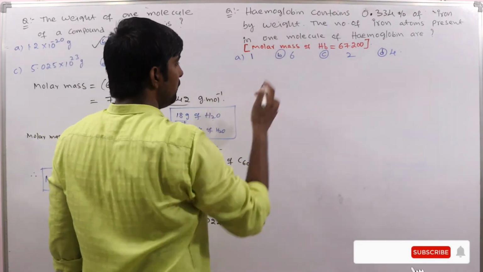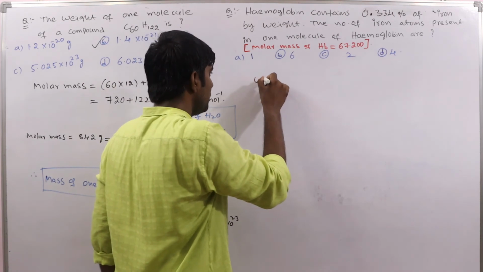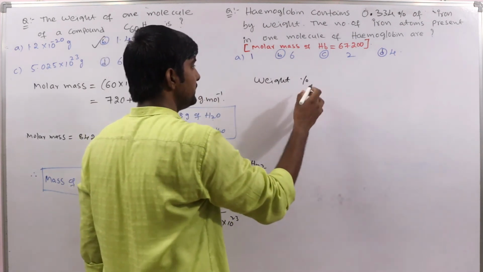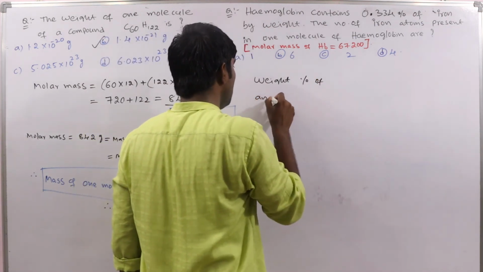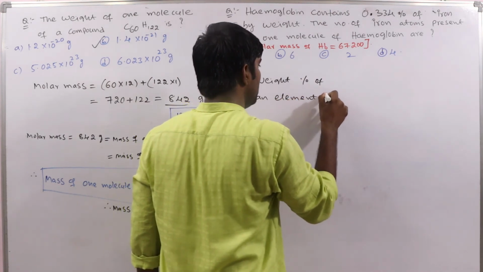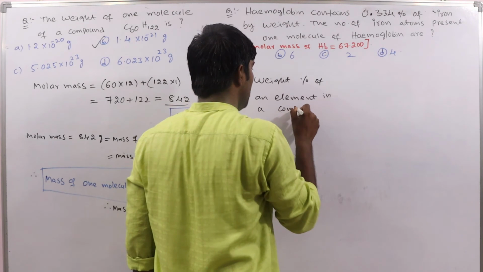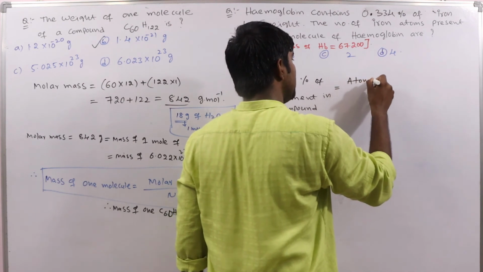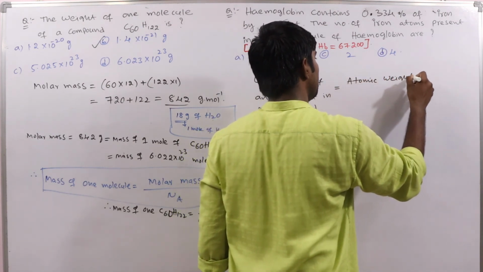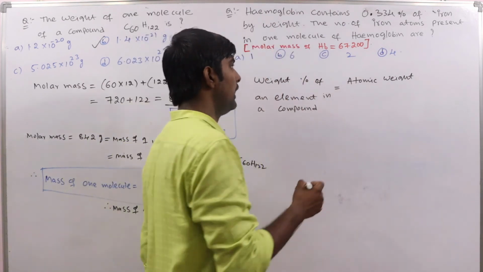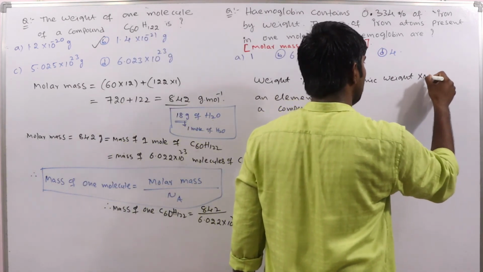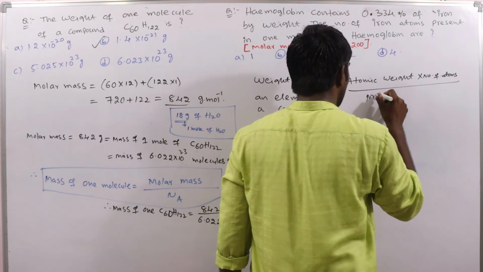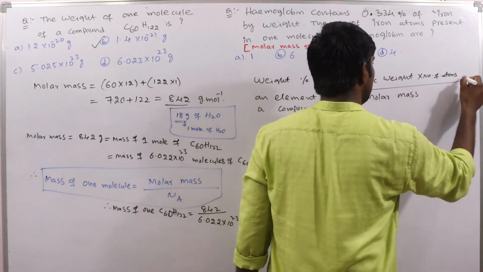See here, what is the formula? Weight percent or mass percent of an element in a compound or molecule is equal to the atomic weight of that atom into the number of atoms, divided by the molar mass, into 100.